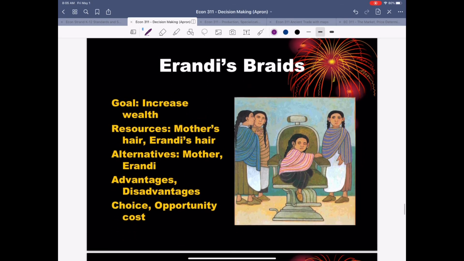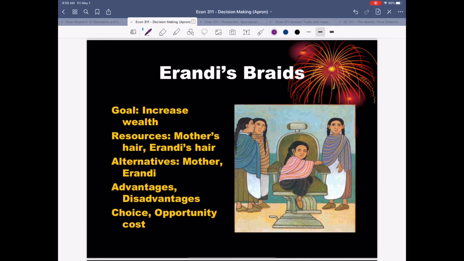There are 2 stories that we're going to use to illustrate this, and they're wonderful stories. You can listen to them. You'll find them linked in Blackboard. And as you're listening to the story of Randy, I want you to think about the decision that's being made, her goal, the resources that are used, and I say plural because there are a couple of resources in the story, the alternatives that exist, and the choice that is made and the cost of that choice.